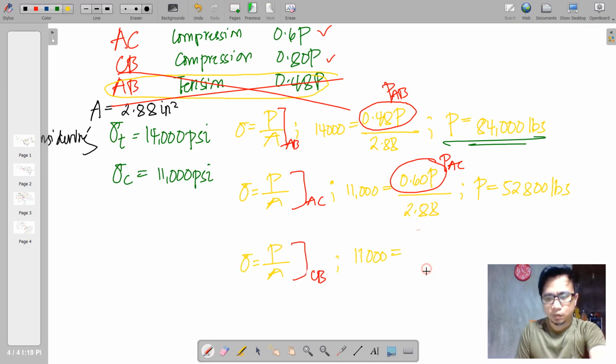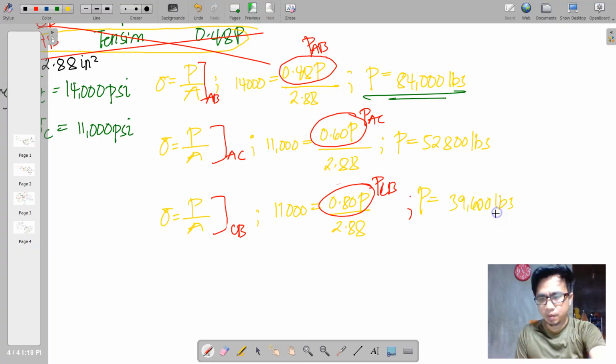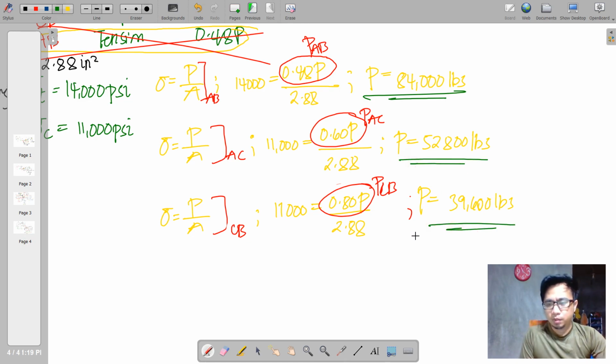Okay, so we're going to do the same for member CB. This is fixed at 11,000, and then CB is 0.8 of P with an area of 2.88. By the way, that is the actual force at CB, and therefore P here is equal to 39,600 pounds.